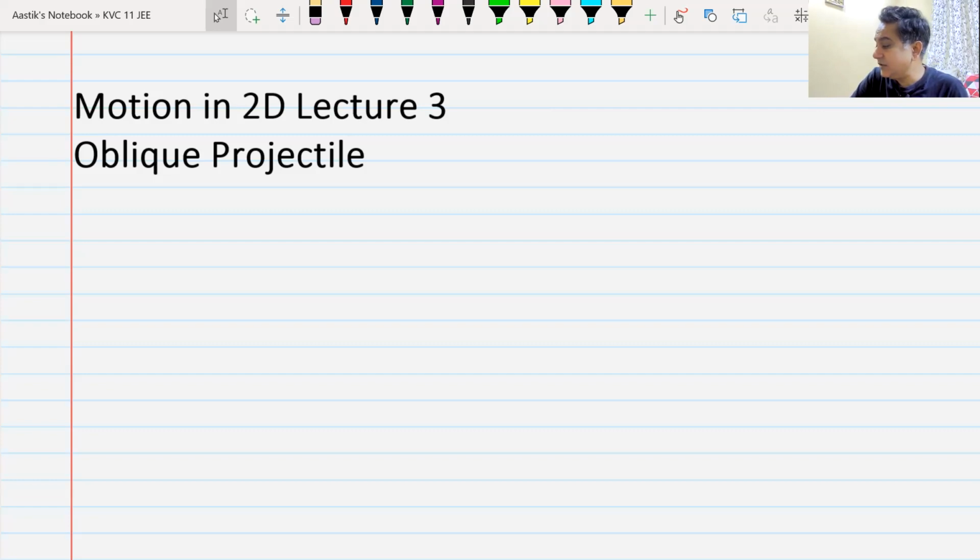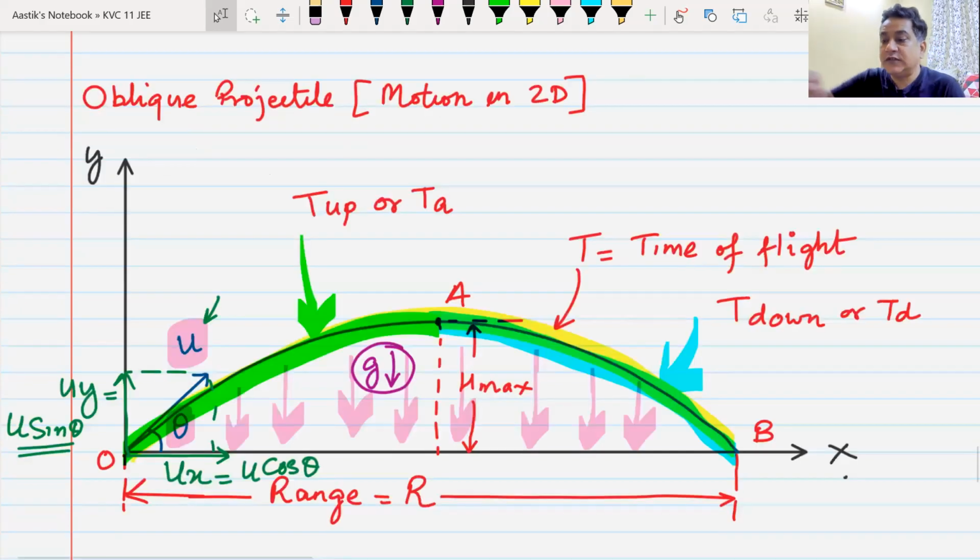As you can see, we had drawn this diagram of a projectile thrown at an angle theta. U was the initial velocity. Theta is known as the angle of projection. O is the point of projection. A is the highest point. B is the point where it lands back.